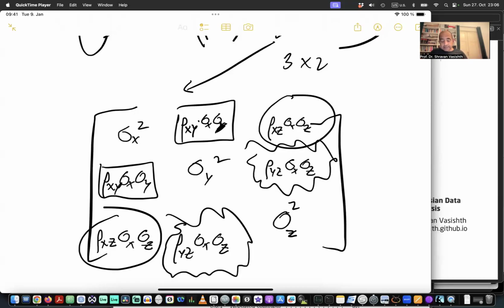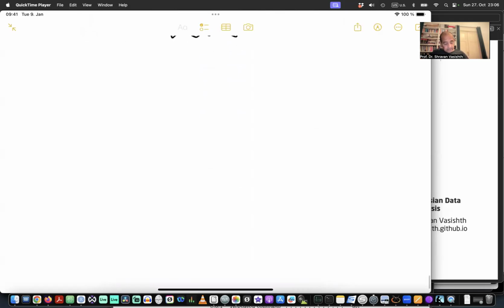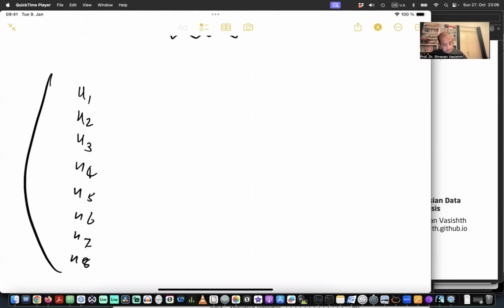Now, in data analysis, we can easily end up with 8 random variables correlated with each other. I'm going to label them U1, U2, U3, U4, U5, U6, U7, U8. These are my 8 correlated random variables.